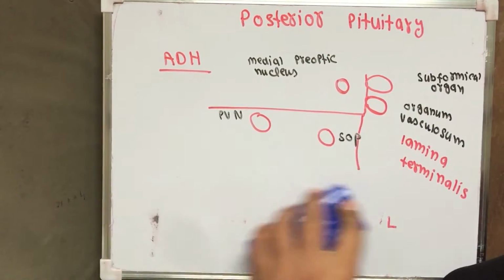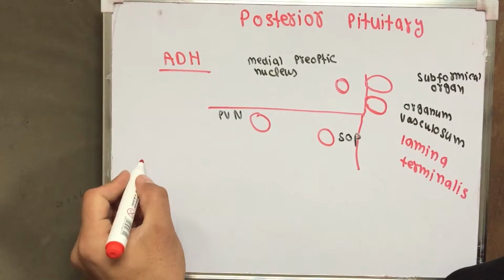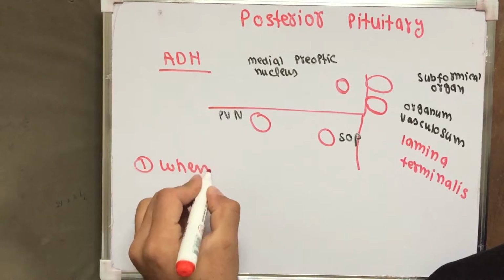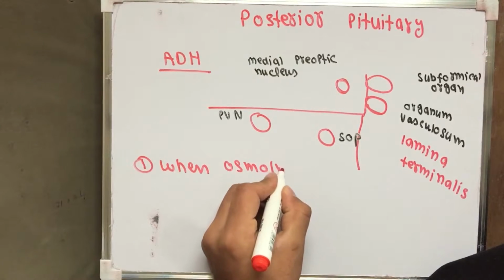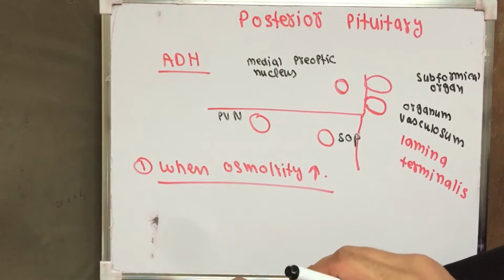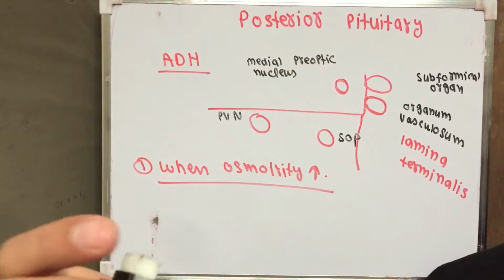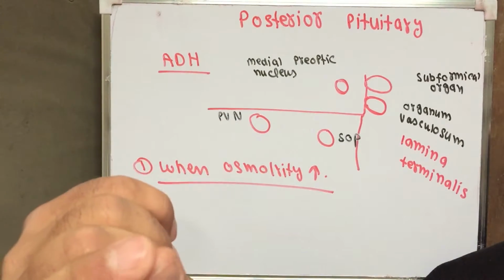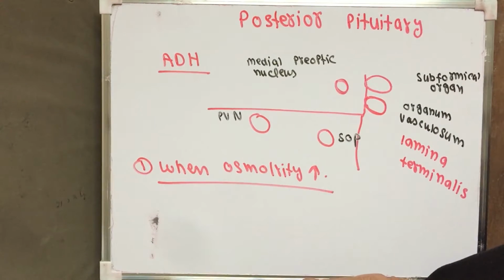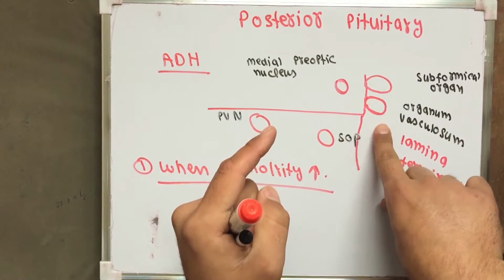Now let's take a condition when osmolarity is increased. Whenever osmolarity is increased, it means that the water content of the blood plasma is decreased. So this region will be activated.